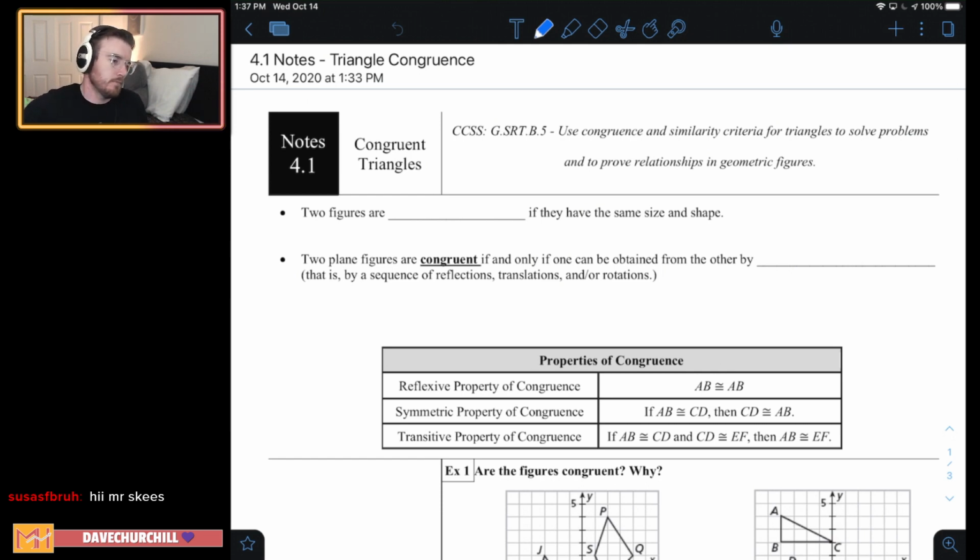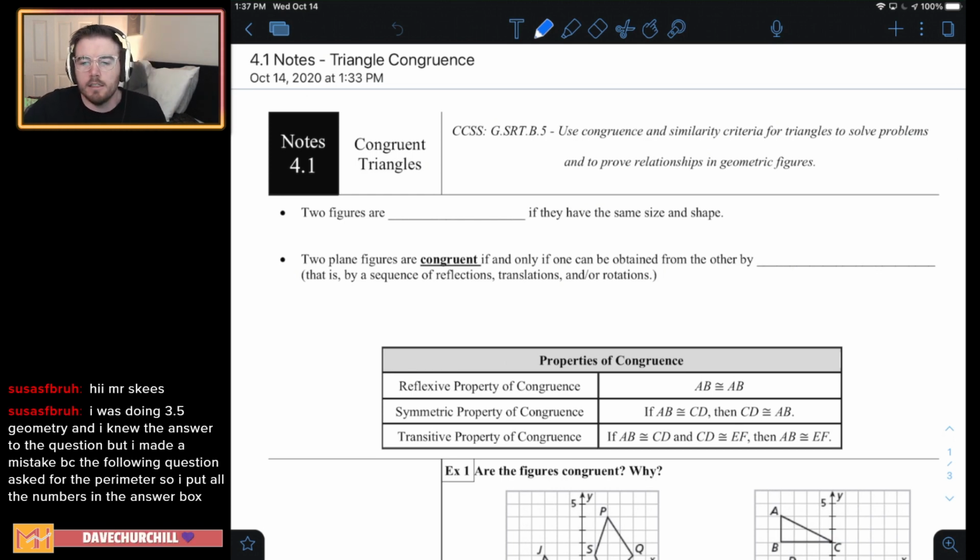I'll give it another minute. Usually either people tune in right away or they don't tune in at all. So I'll give it just a quick sec. So what, you left the perimeter one blank and then typed both answers into the first one? Is that what you're saying?